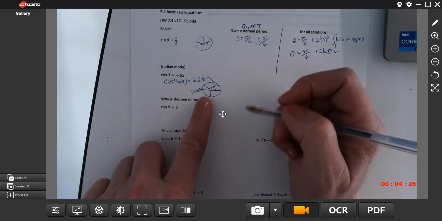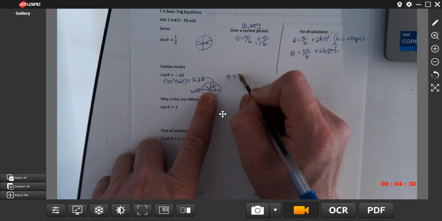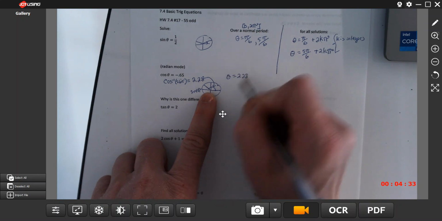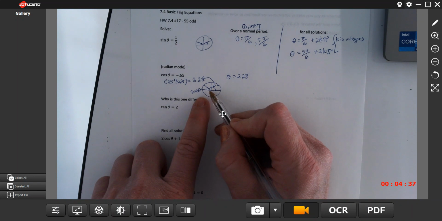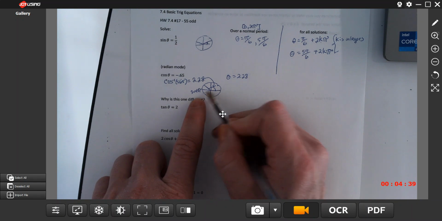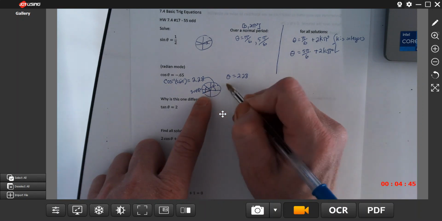So one of my answers is 2.28. And the other one, to find the other value where cosine is negative, would be this angle over here, where this reference angle is the same.